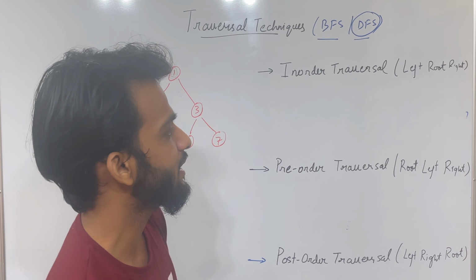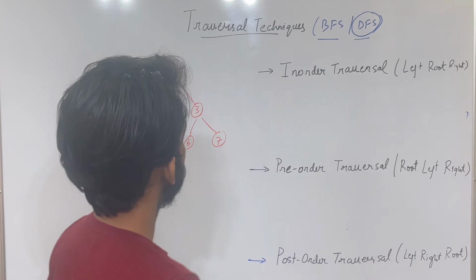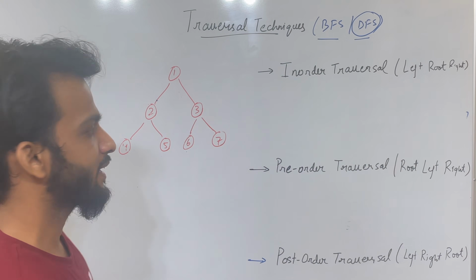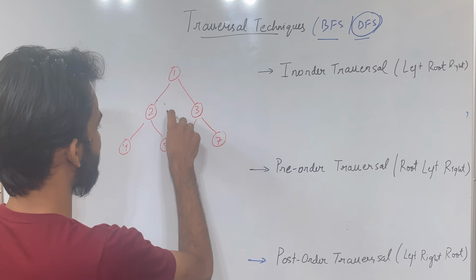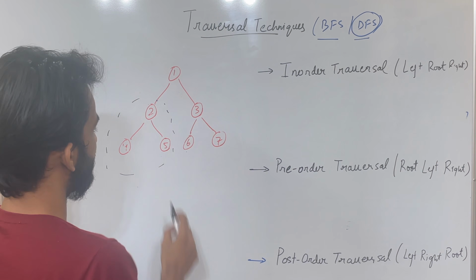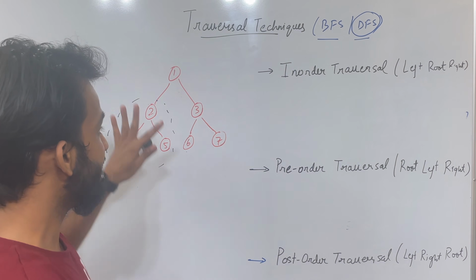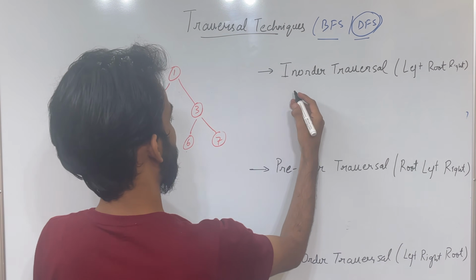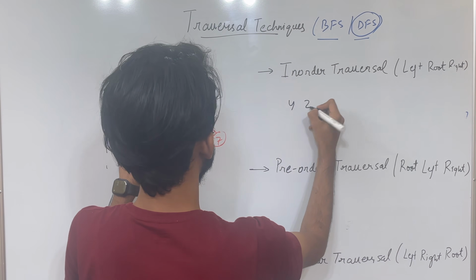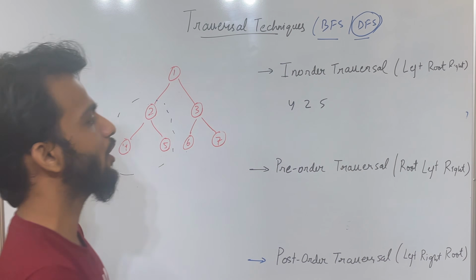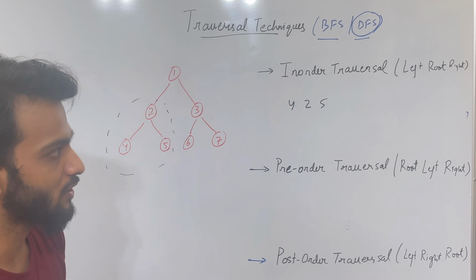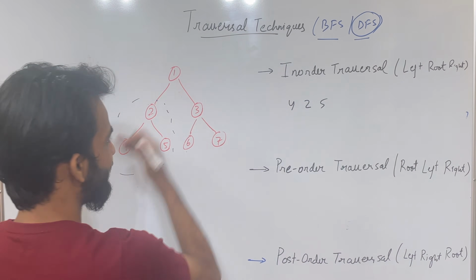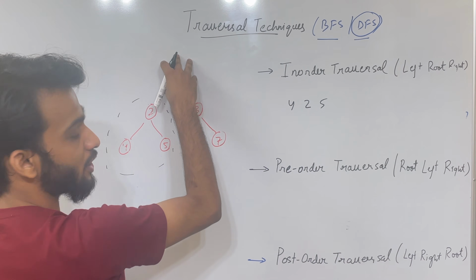Let's understand by the meaning. When I say left, what is the extreme left subtree? Can I say this is the extreme left subtree if I draw it in the black marker? In this left subtree, apply left, root, right. Once you have done this, the left is done. Now come to the root. The root is 1.